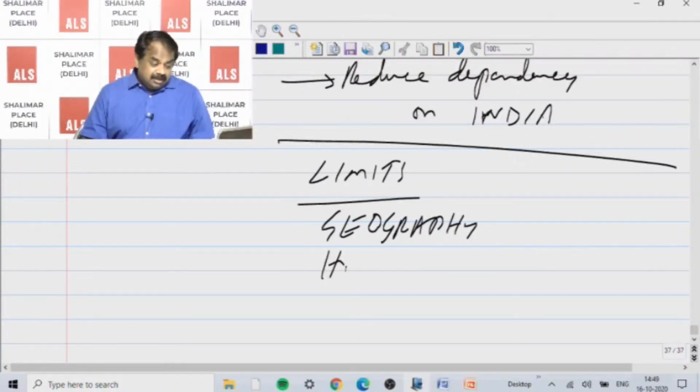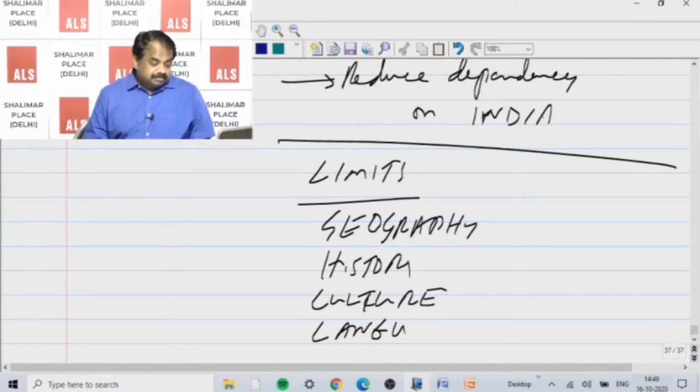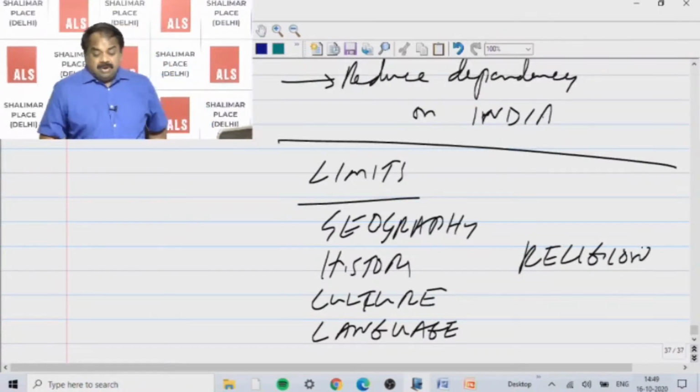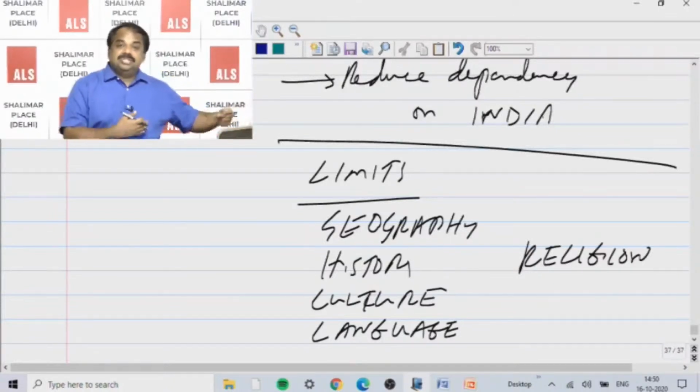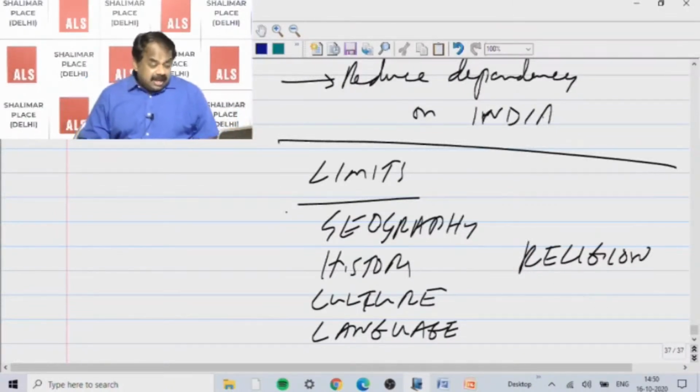History, culture, language, religion. All these are definitely limits, despite everything we say. And the best part is, because of geography, Nepal is naturally open to India. They have to just walk down, and it is so well connected with India. So that is one limit.